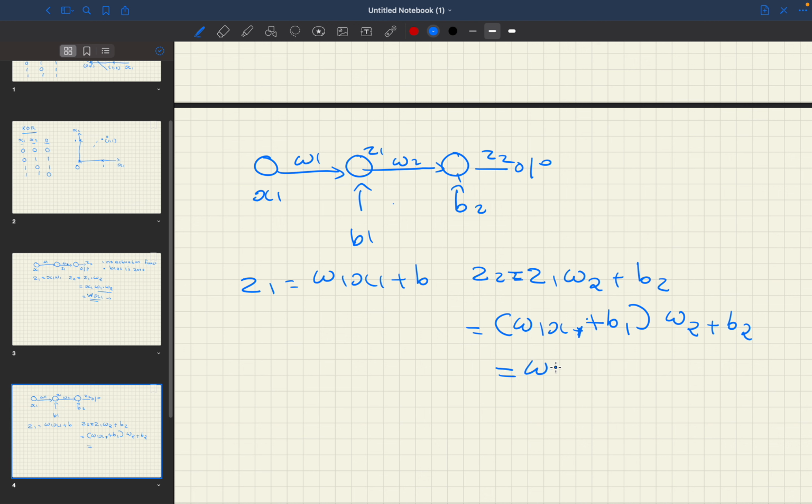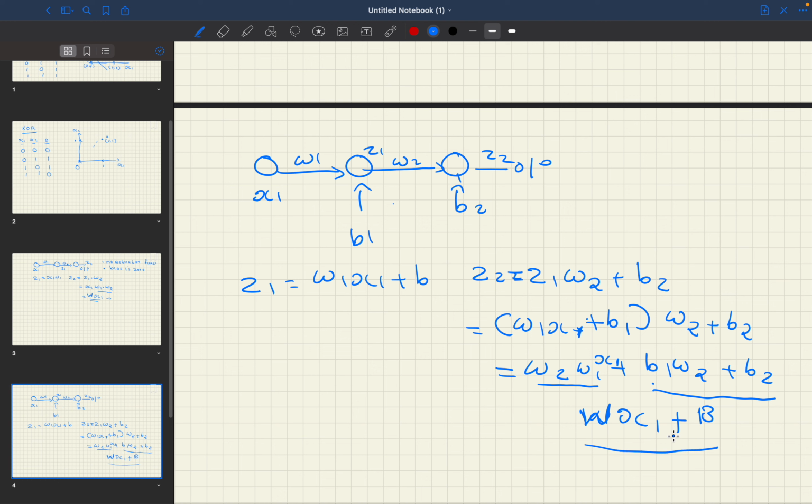So we get W2 W1 X1 plus B1 W2 plus B2. All these are constants, right? The term B1 W2 plus B2 will be a constant, which we can call B, and W1 W2 will be a constant, which we can call W. So it will be W X1 plus B. This is again a linear function, so without an activation function we cannot solve these non-linearity problems.